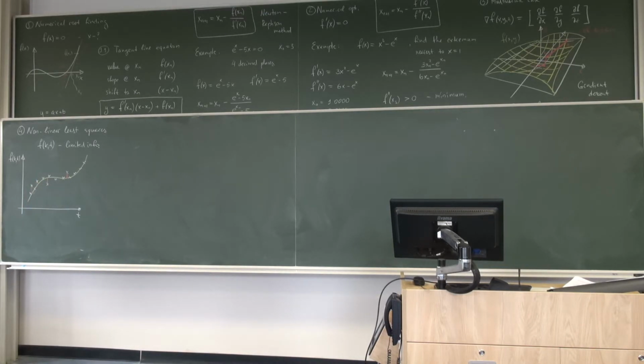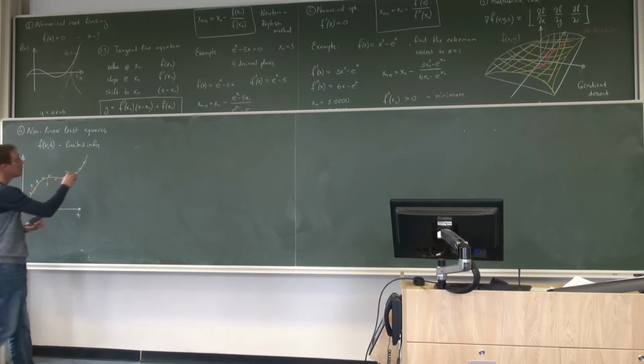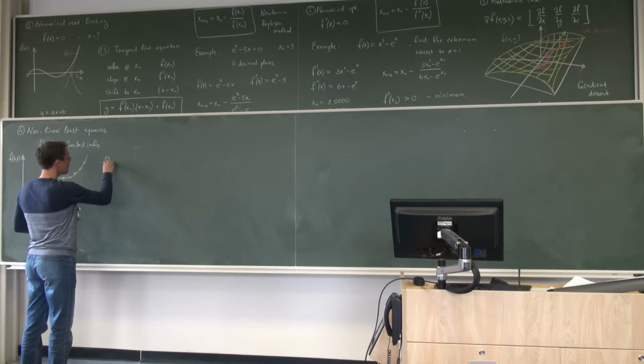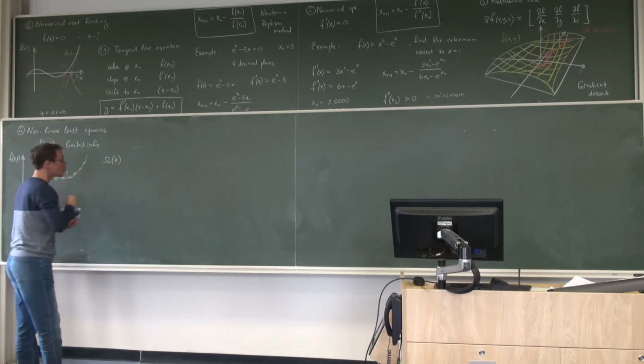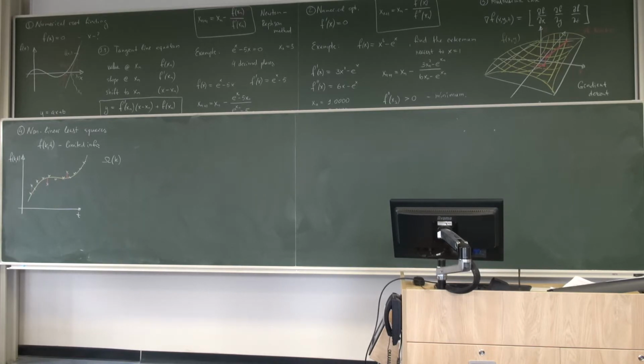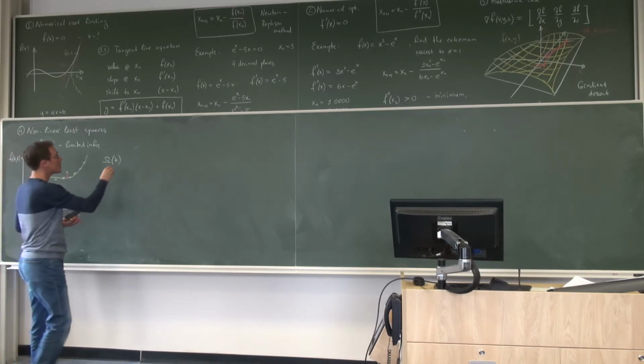So the usual procedure applies, that is our derivative. It will be a function of the parameter k that regulates the shape of this function. We would like to find the best such parameter.